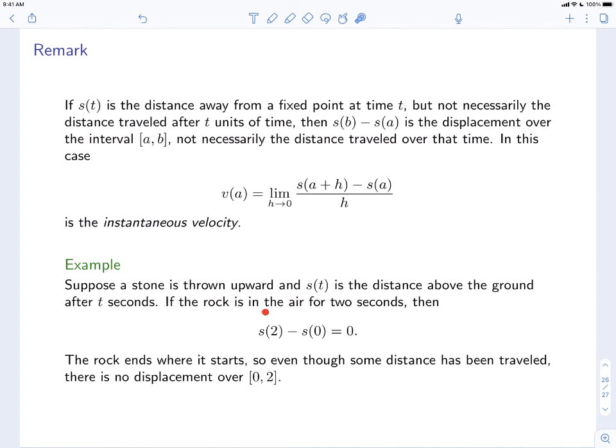If the rock is in the air for 2 seconds, that means that it's on the ground after 2 seconds. So s at 2 minus s at 0 is 0. The displacement is 0. The rock ends where it starts. So even though some distance has been traveled, there is no displacement because it went up and then it came down and it ended in the place that it started. That means that there is no displacement.